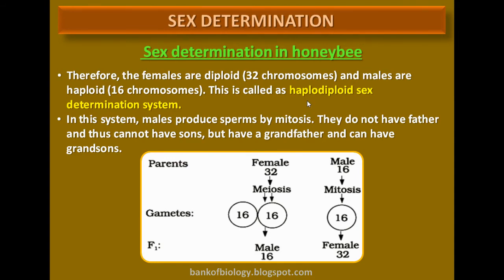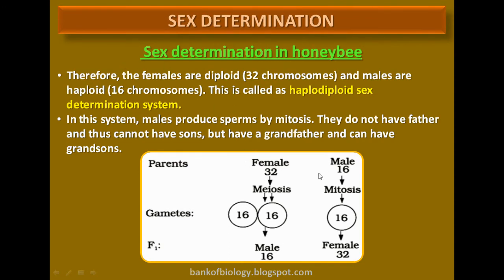This is a very, very important question: what is the mechanism of sex determination in honeybees? It is the haploid diploid sex determination system. Females have 32 chromosomes and males are haploid, having 16 chromosomes. In this system, males produce sperms by mitosis. This is very important because they are haploid, having 16 chromosomes.